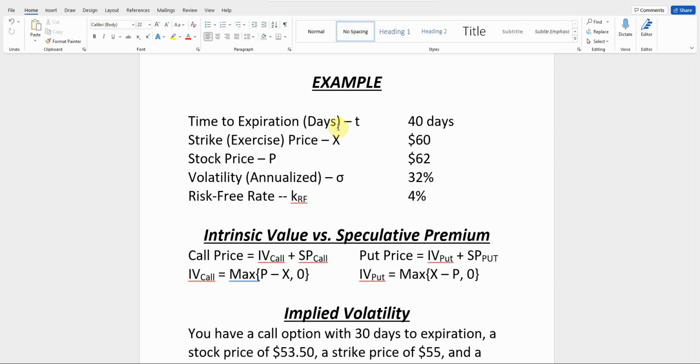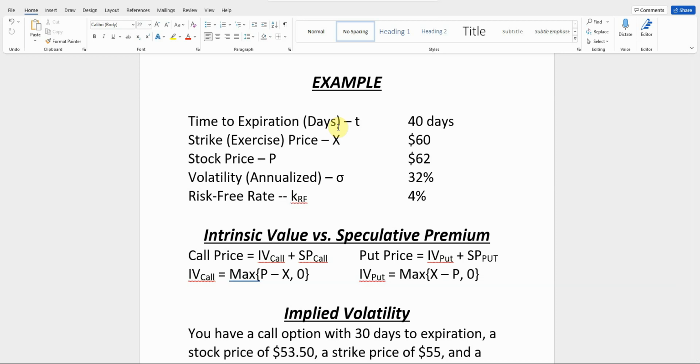In practice, it doesn't matter that much whether you use days per year or 252 trading days. They're going to work out to be about the same. That said, I always use days per year in order to calculate the time. And one of the reasons for that is when you get to the last week, it doesn't really matter how many trading days are there.